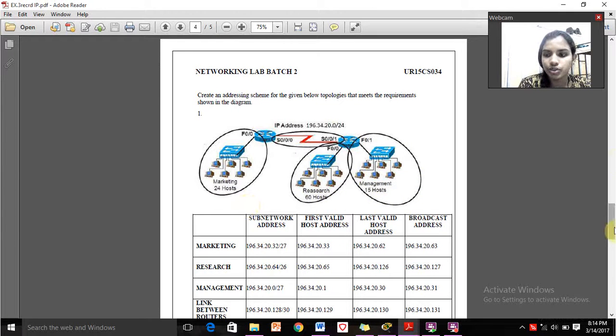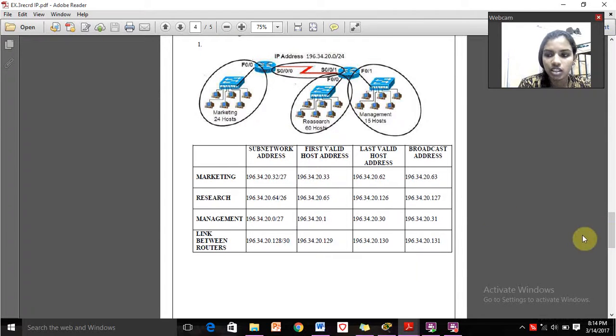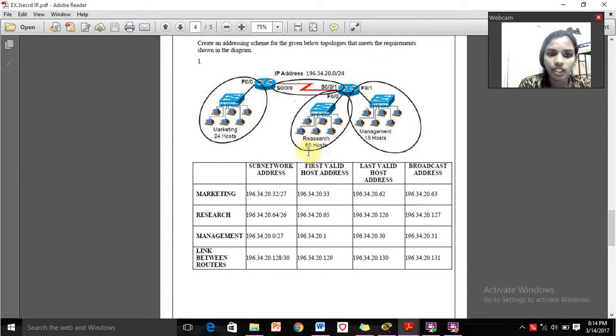Here we have to find the IP addresses, so that if we want to increase the LAN, we can add more IP addresses. So for this, to find the subnet address of marketing, to get 100% reliable IP addresses, we have to calculate the number of bits borrowed. For marketing, the number of bits borrowed is 25, 26, 27. 3 bits are borrowed, so the subnet mask changes to /27.